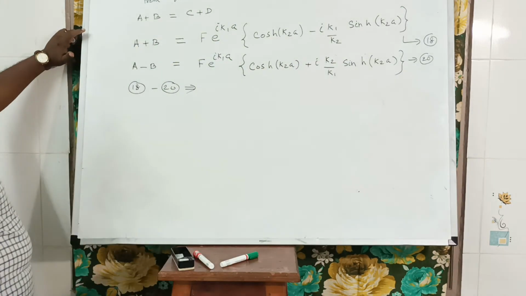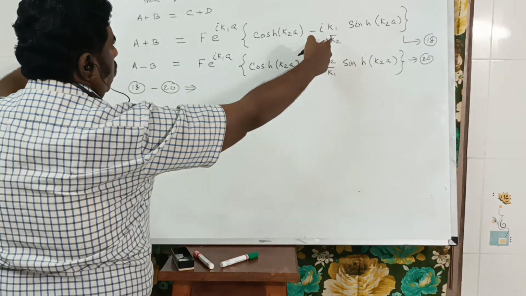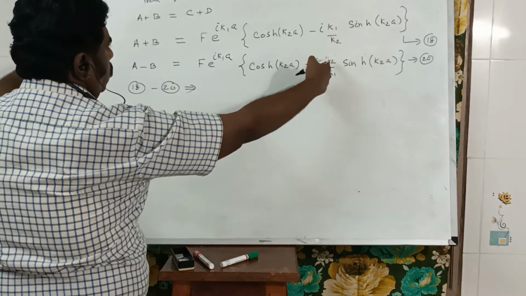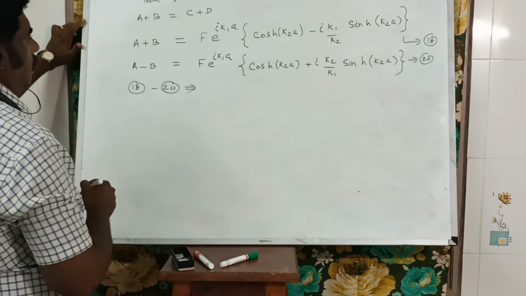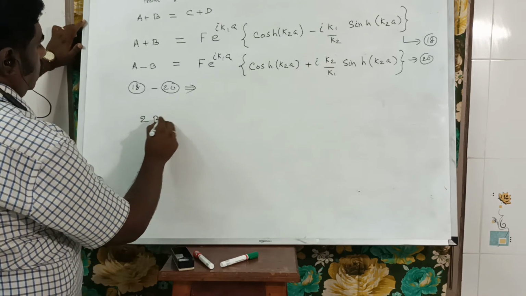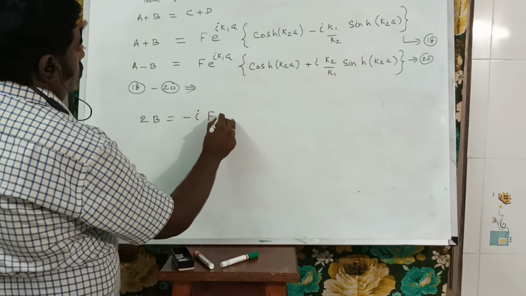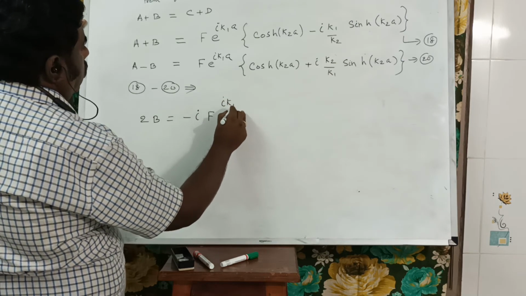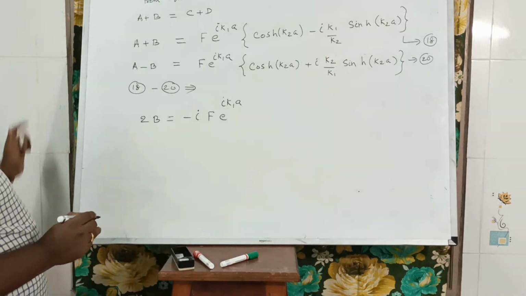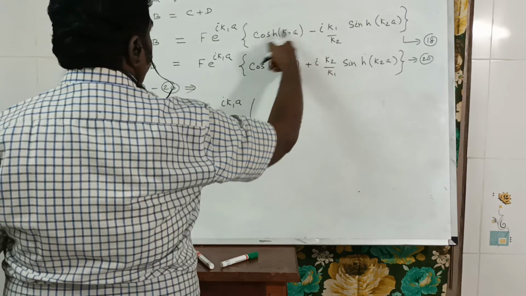This term is cancelled out. Then minus i K1 by K2 minus of i K2 by K1. Say 2B, which is equal to minus i F e power i K1 a. See here, this negative sign is taken out.